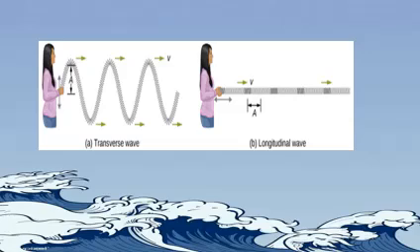The perturbation propagates horizontally along the spring.